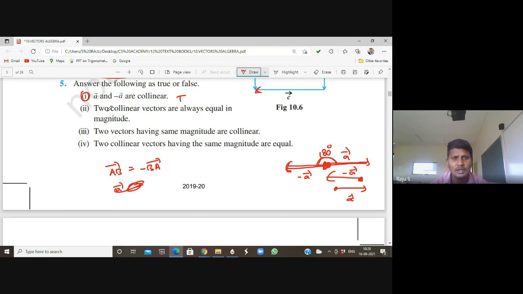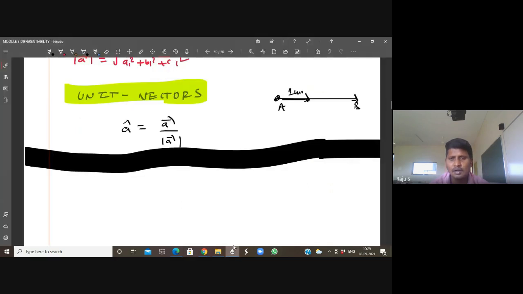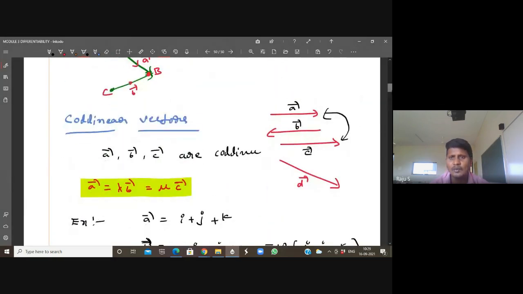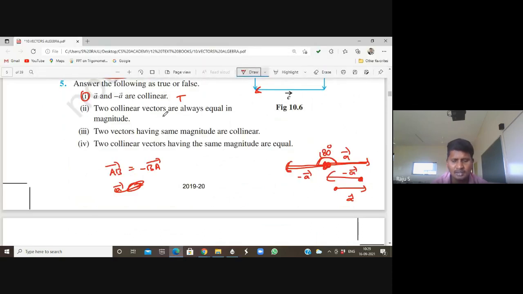What about this? Two collinear vectors always have equal magnitude. When I take here A, B, C, do they have the same magnitude, like the same length from starting to ending point? Is it compulsory that the magnitude is equal?